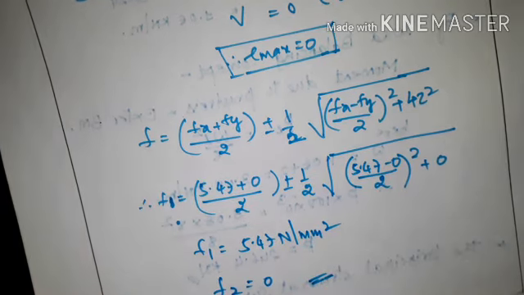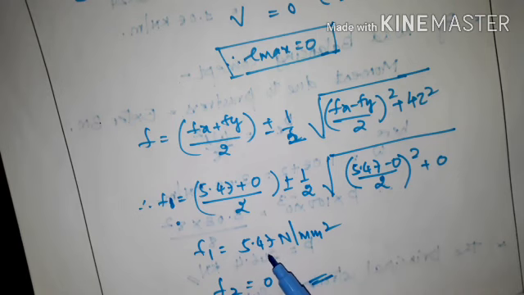Here we have got 5.47 Newton per mm square, the same as the direct stress, because the stress developed is due to the direct pre-stress which is calculated to balance the dead load and live load.